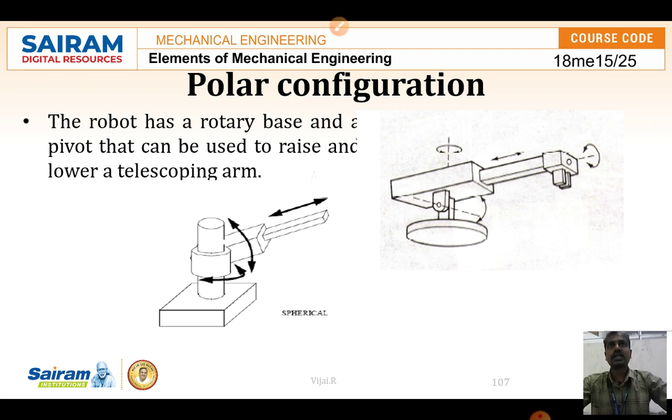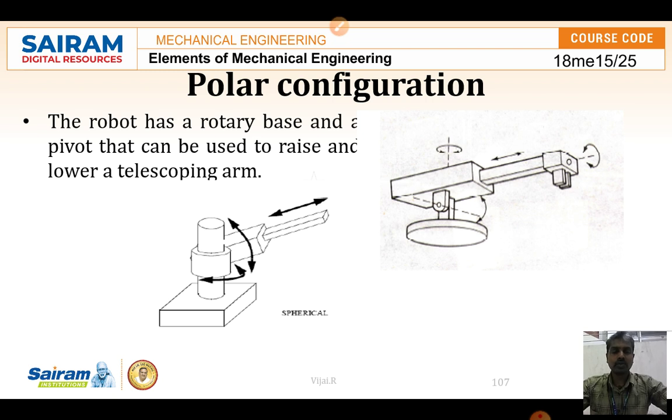configuration, the physical configuration of the robot, is the polar configuration. In the polar configuration robot, as in the picture, we can see twisting, rotational and linear movements. Moreover, we can raise and lower the telescopic arm, just like a telescope.